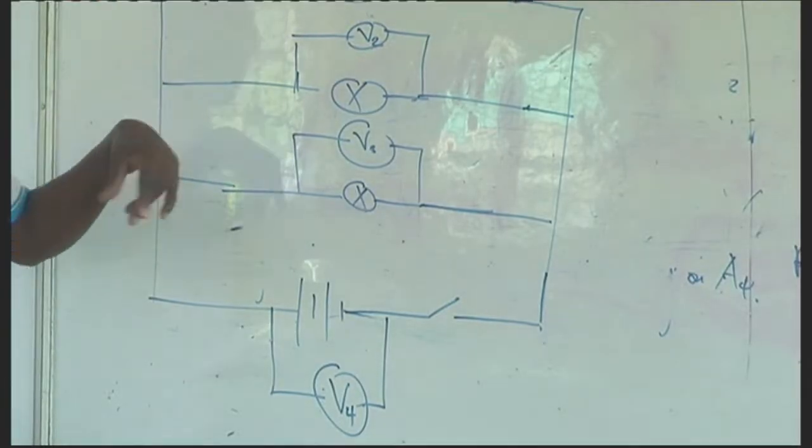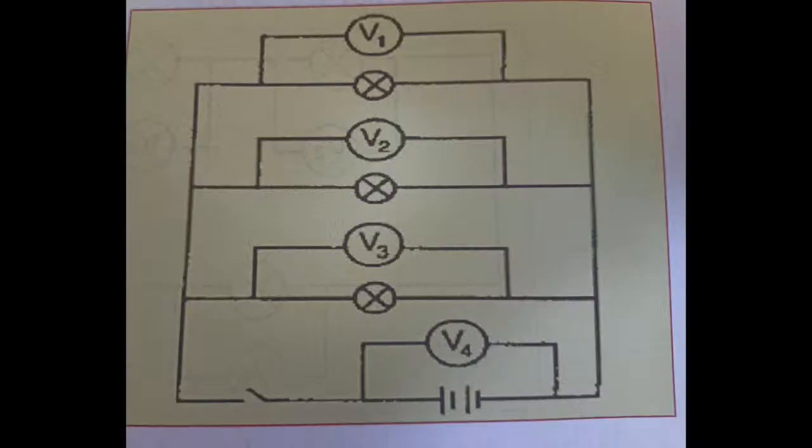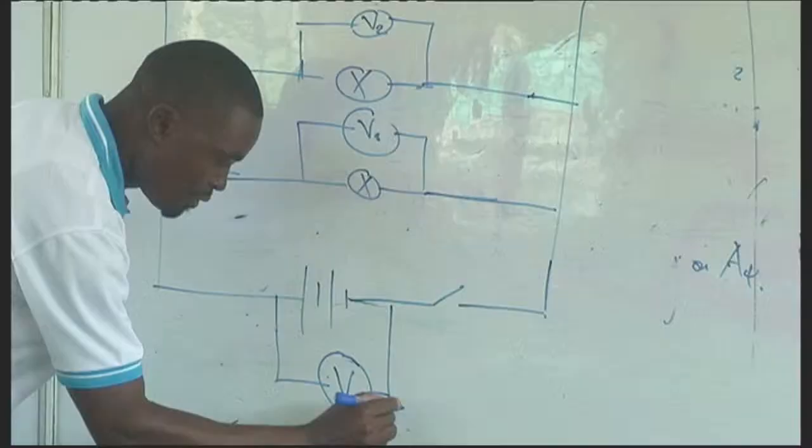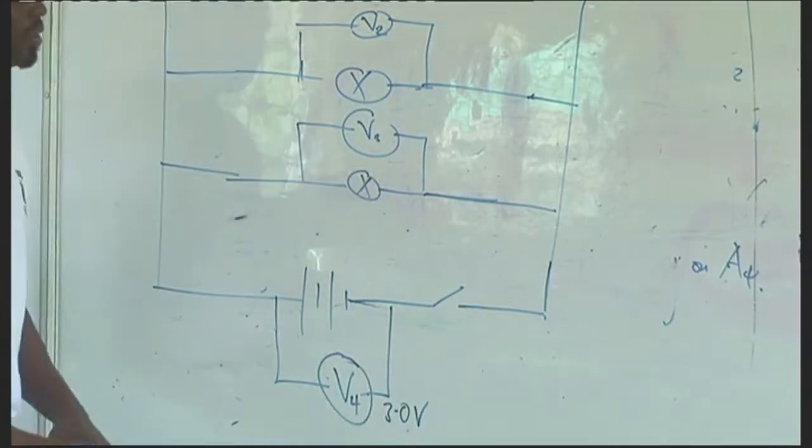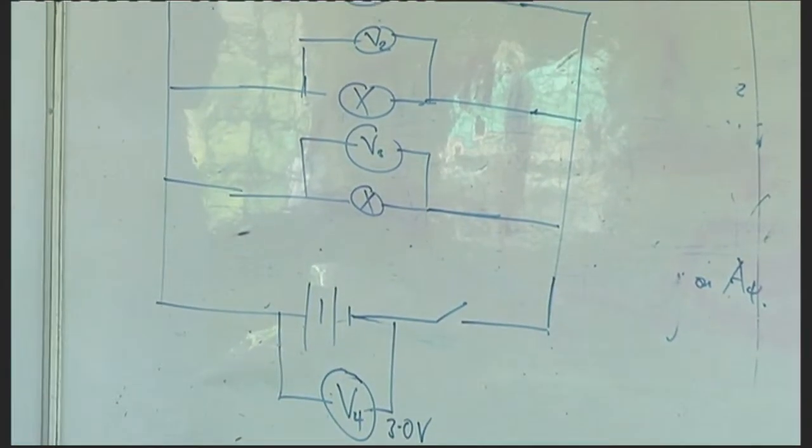Now, so it is voltage across each lamp: voltmeter 1, voltmeter 2, voltmeter 3, and then the supplying voltage is here, voltmeter 4. So if we are using the two cells, which are 1.5 volts each, then we expect to see a reading of 3 volts at this particular point across this one.